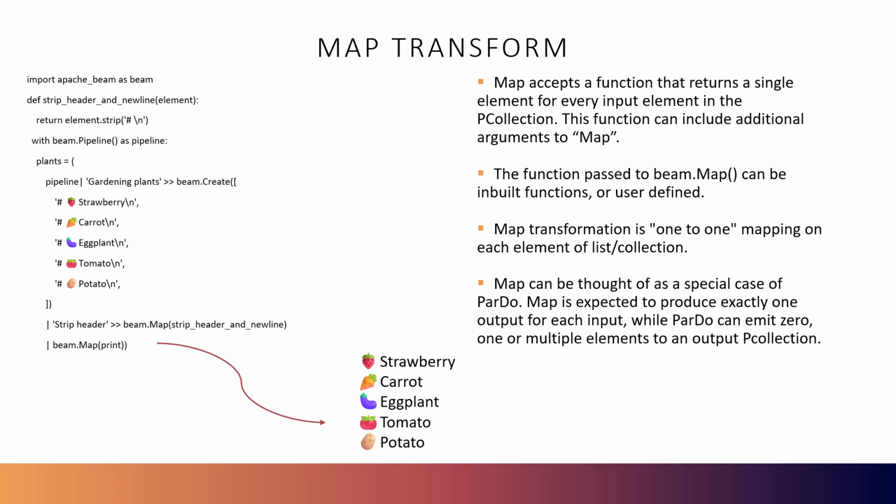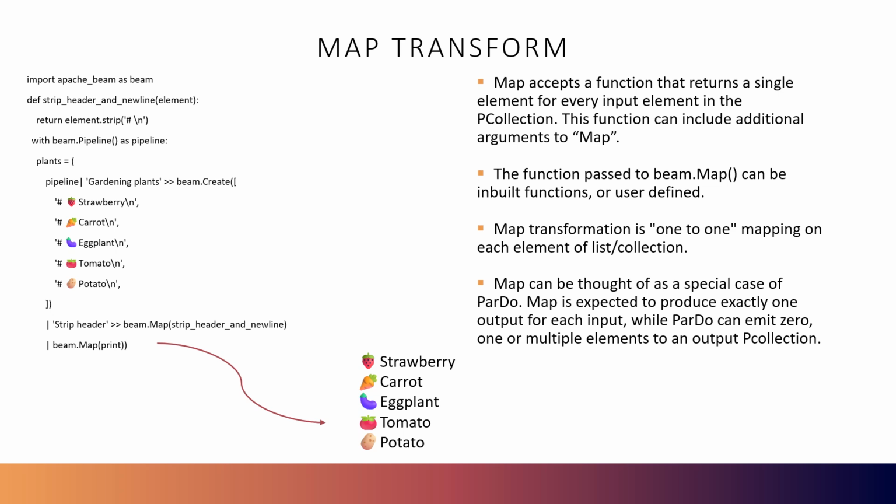So anytime you need exactly one output element returned for every input element in your PCollection, use beam.Map. And this is why it's often used with print to output the results. Map can be thought of as a special case of ParDo. Map is expected to produce exactly one output for each input, while ParDo can emit 0, 1, or multiple elements to an output PCollection.